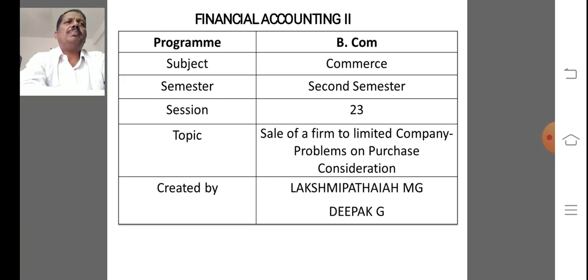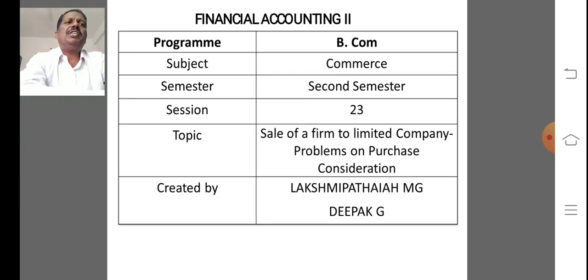What is the net assets method? Under this method, the purchase consideration is calculated as follows. We take total assets taken over at an agreed value by the purchasing company and deduct the total liabilities taken over at an agreed value.